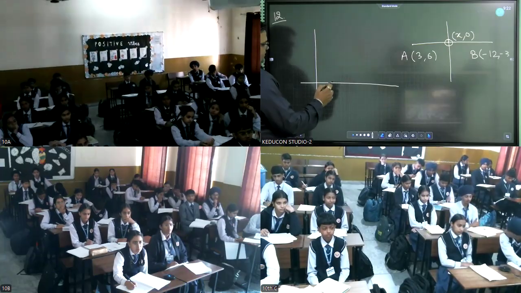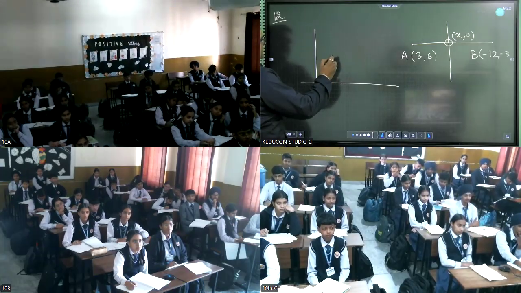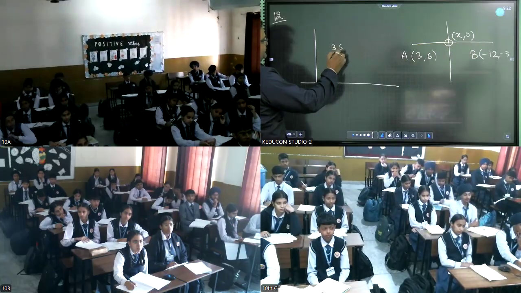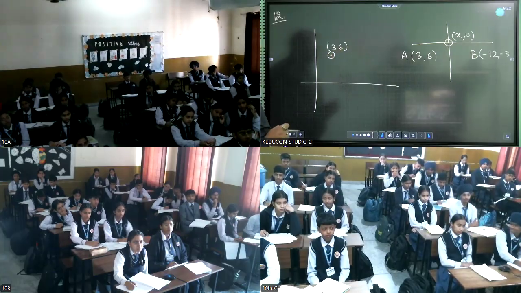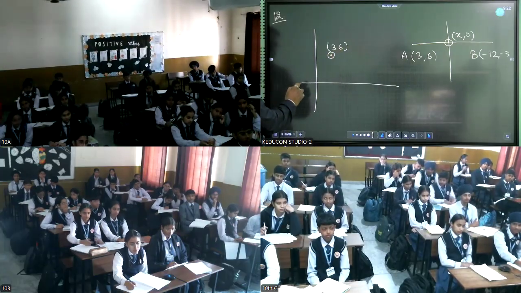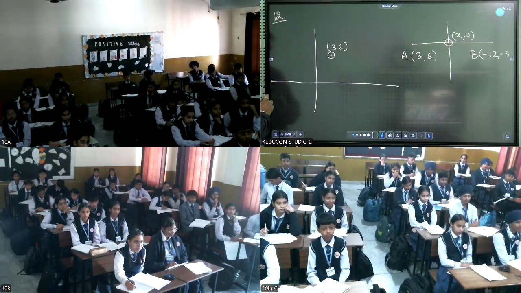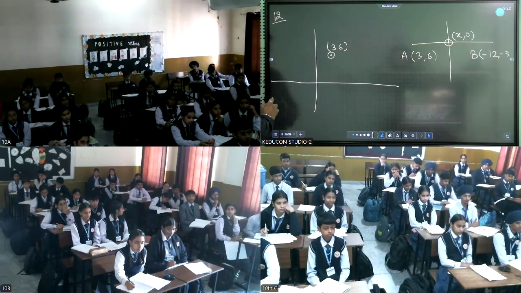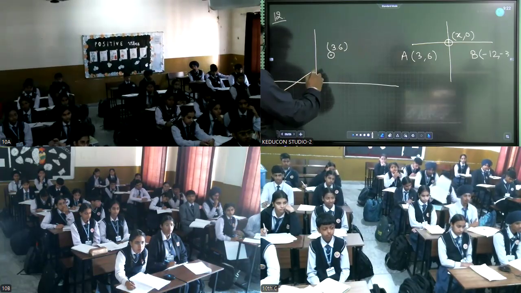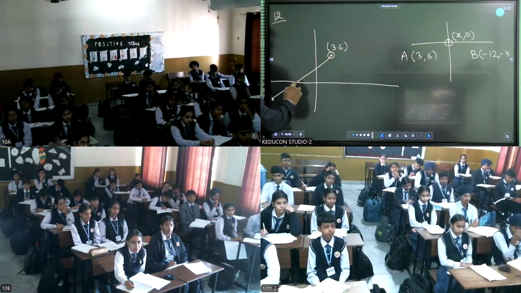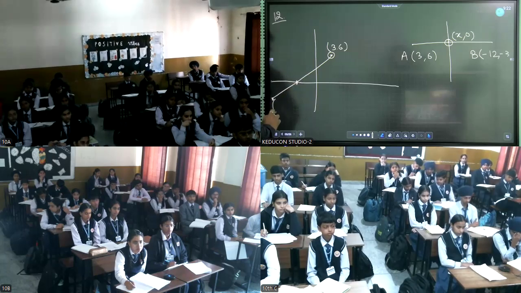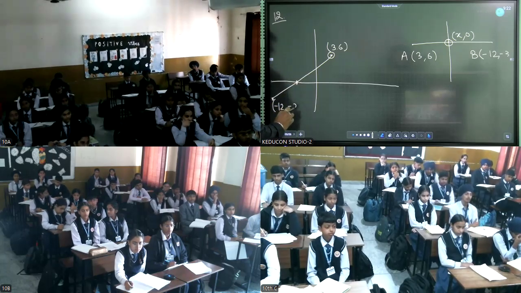So first point is 3, 6. Let's say this is 3, 6. What is the next point? Minus 12, minus 3. Let's say this point is here. If you meet this line segment, this is the point where it is cut by the x-axis, students.